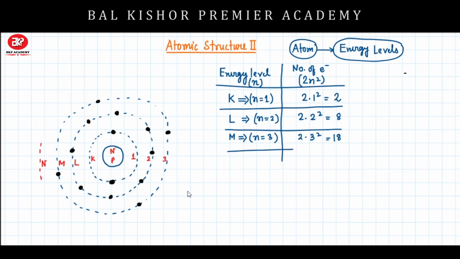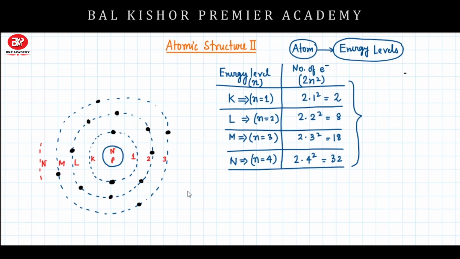In the N energy level, the n value is 4, so the total number of electrons is 2 into 4 square, that is 32, the maximum number of electrons possible in the N energy level. So these are the maximum number of electrons that an energy level can contain.